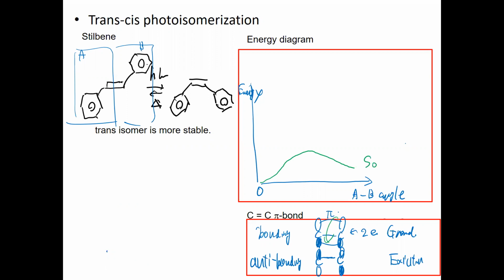However, on the other hand, in the excited state, since you have one electron in this orbital, it's better to rotate. So starting from 0, it's actually lower with angle.